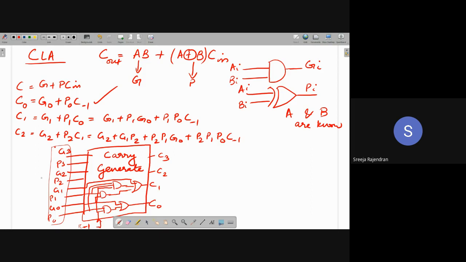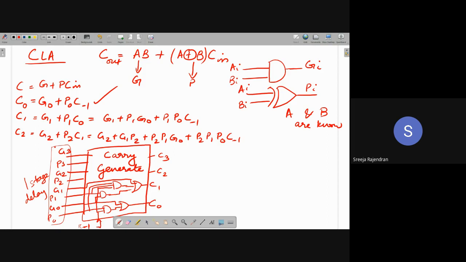That is the initial part, where I have AND gates and XOR gates to generate my G3 to P0. Then I come inside the carry generate block. If you look at each of these terms from C0 to C2, you can see that I have some AND operations. I'm ANDing some terms, maybe P1 G0, or P2 P1 G0.